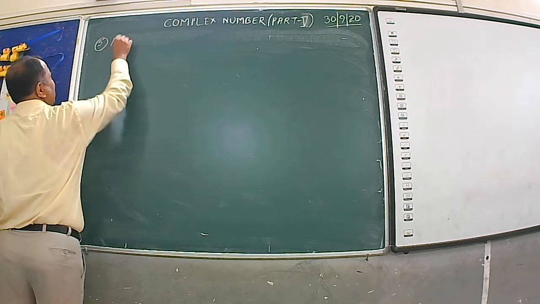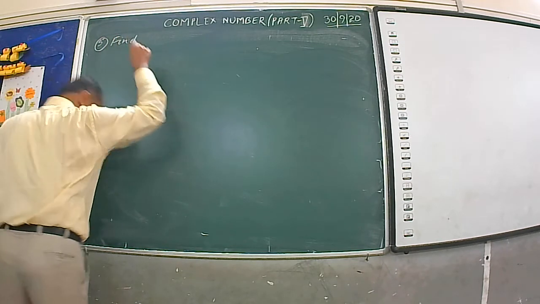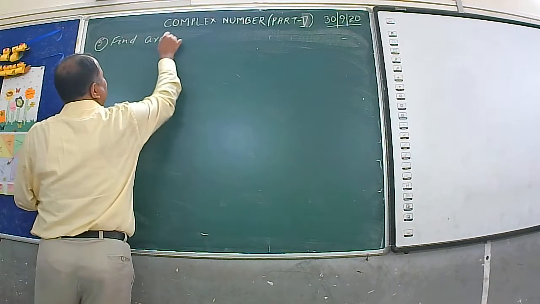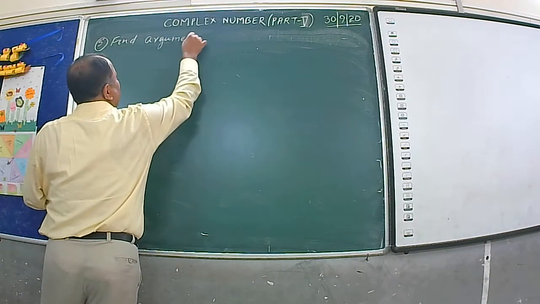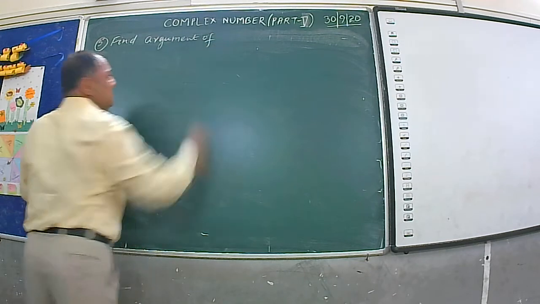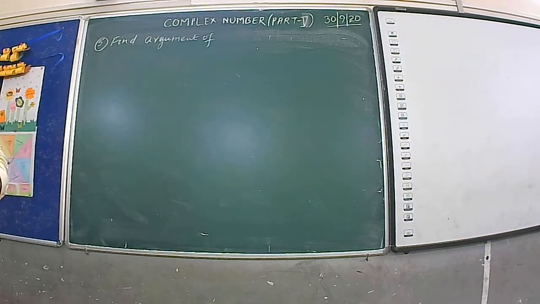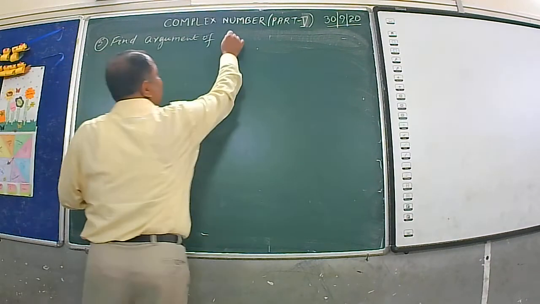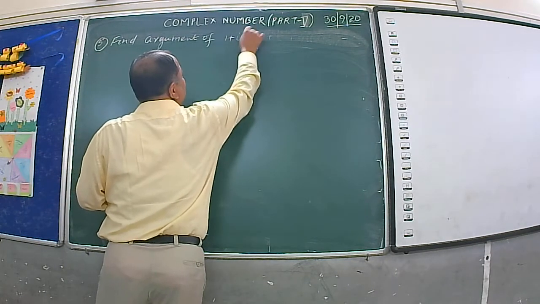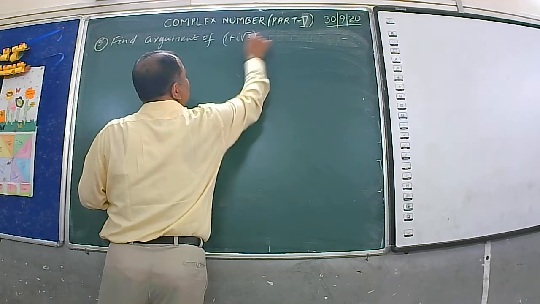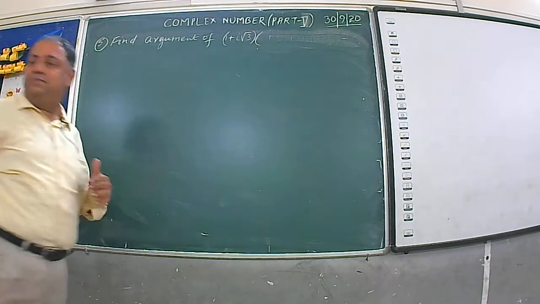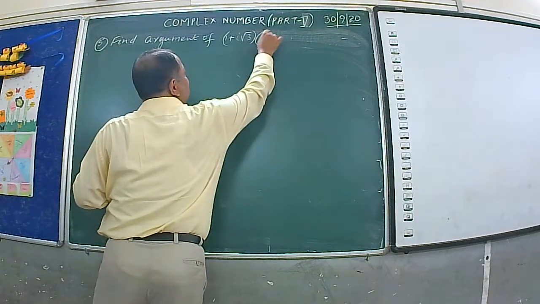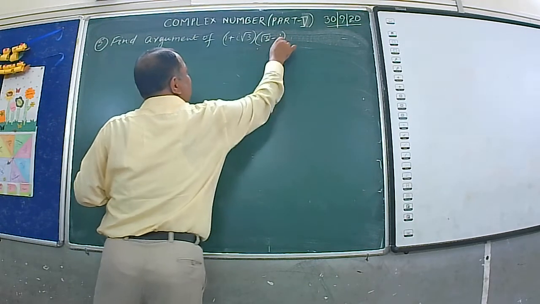Find the argument of 1 plus i root 3 into root 3 minus i.